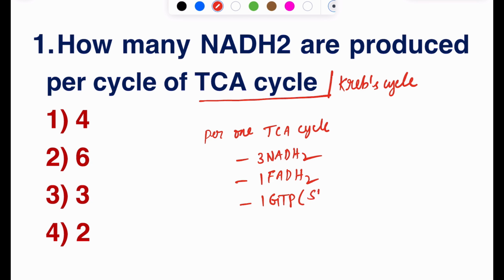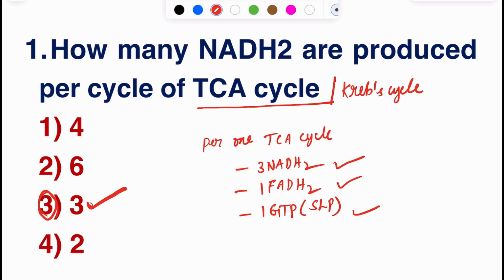It is a substrate level of phosphorylation. For each cycle of TCA cycle will be produced total 3 NADH2, 1 FADH2, 1 GTP. Here, how many NADH2 are produced for cycle of TCA cycle? 3 is the correct answer.